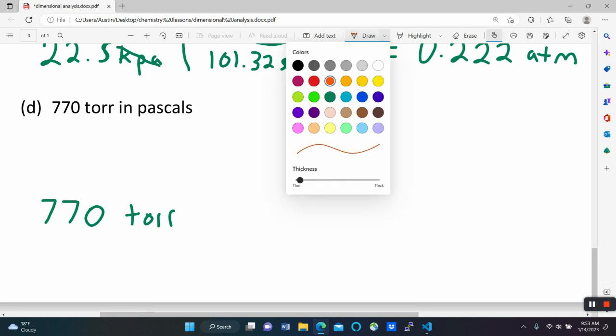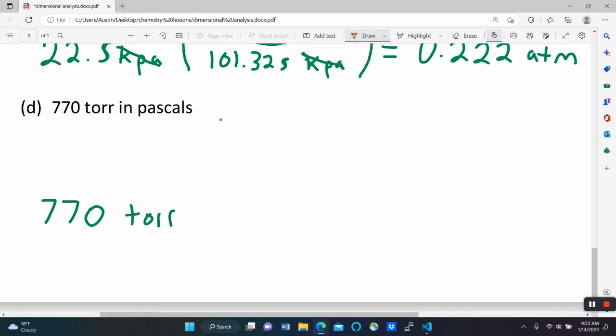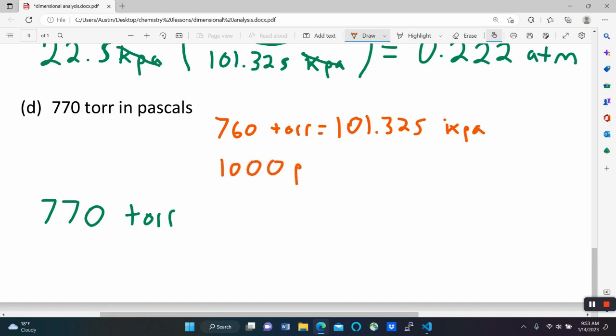The first states that 760 torr is equal to 101.325 kPa, and the second conversion factor states that 1000 pascals is equal to 1 kPa.